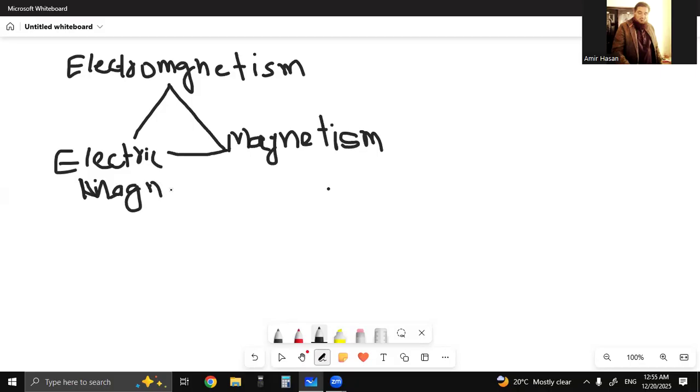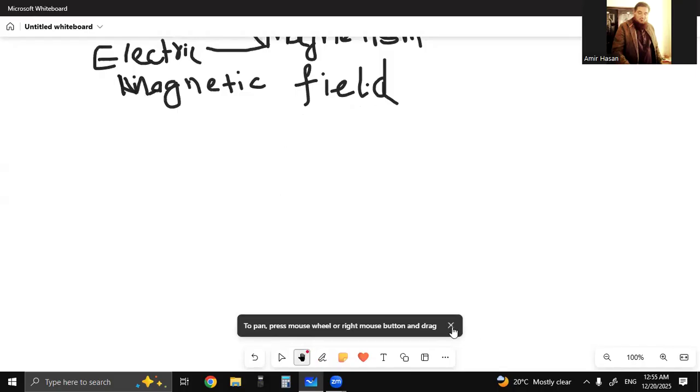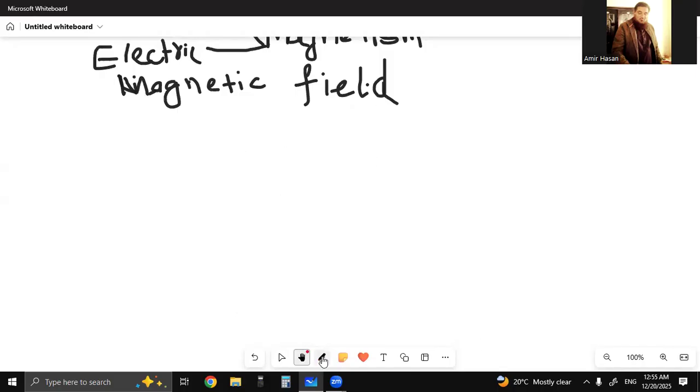What is the magnetic field? We can define it in different ways, but when we study electromagnetism, we define it by the relation between electricity and magnetism.